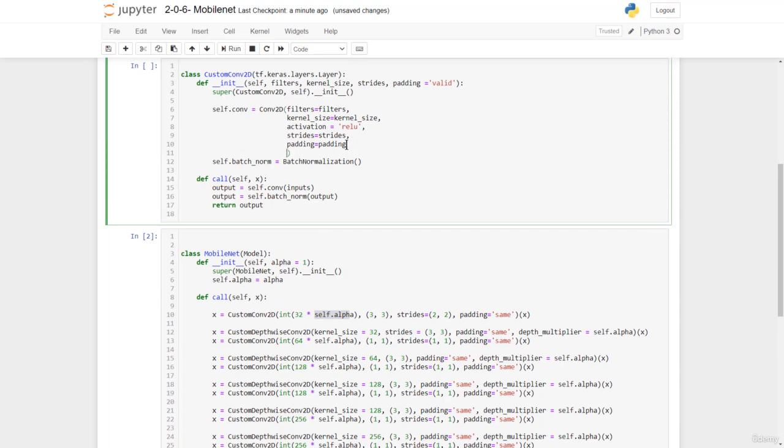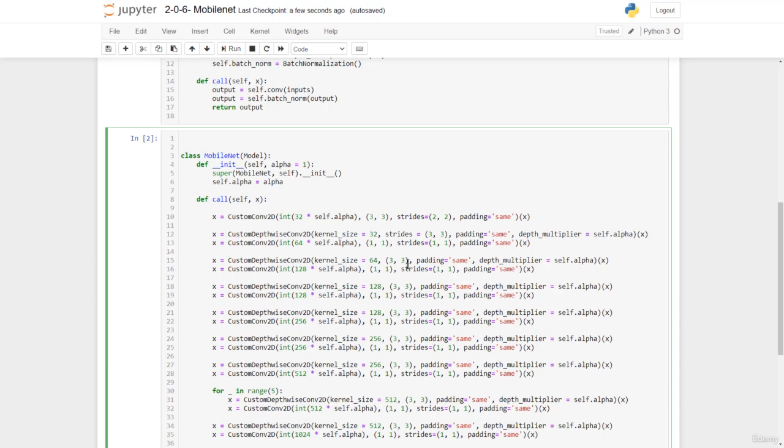So doing this, we have this depth multiplier, which takes the value of alpha. So we'll modify this here, depth multiplier, and that's it. So with this, we have our depth multiplier, which gets the value of alpha we input. It should be noted that other versions of the MobileNet exist.